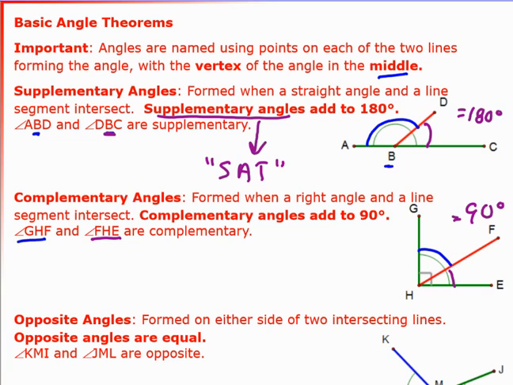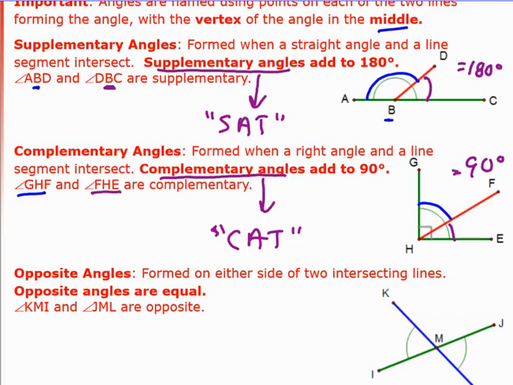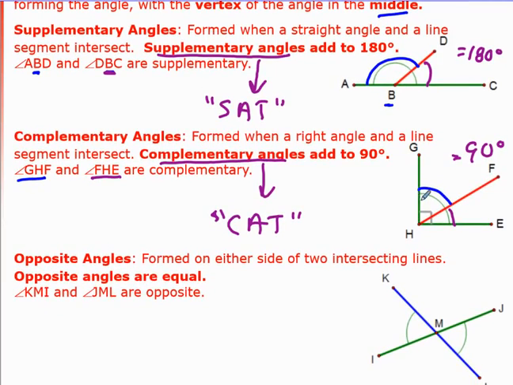Now this is called the complementary angle theorem, the CAT, C-A-T. All right, so we have SAT and CAT. Complementary angles complement each other to make 90. Supplementary angles add up together to make 180. So supplement, complement.